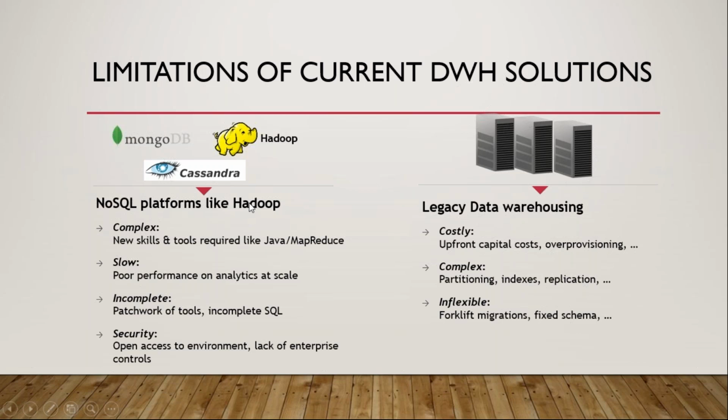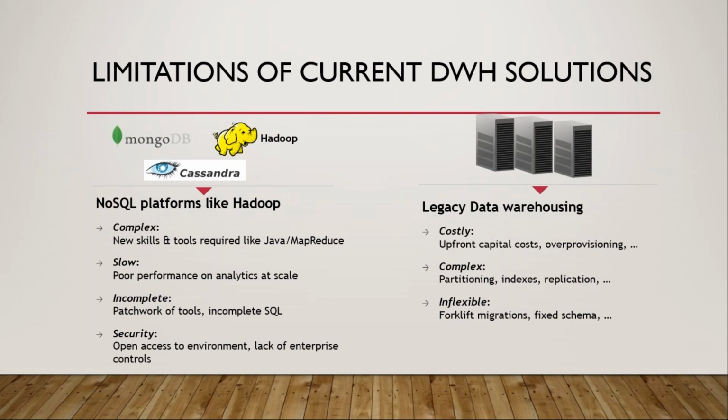So you have your Hadoop, Cassandra, MongoDB. You have these NoSQL database systems. You feed them the huge volume of data coming from clickstream or IoT, which is complex and requires a new skill set and tools for a typical SQL Server developer. You need to understand Java and MapReduce programs, which are slow in terms of performance when you run analytics on top of them.